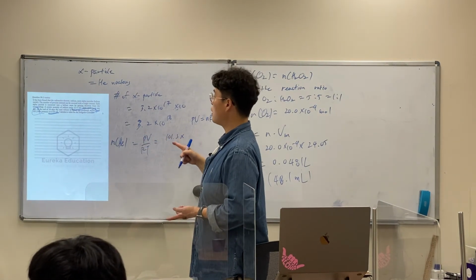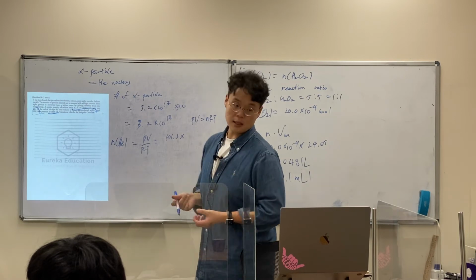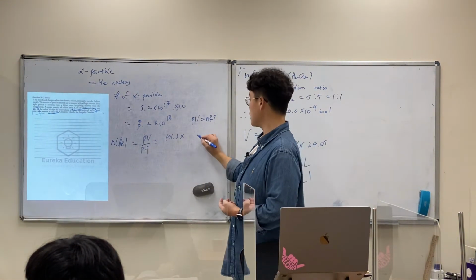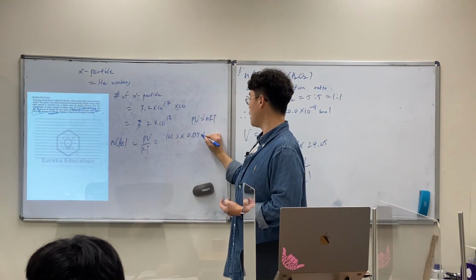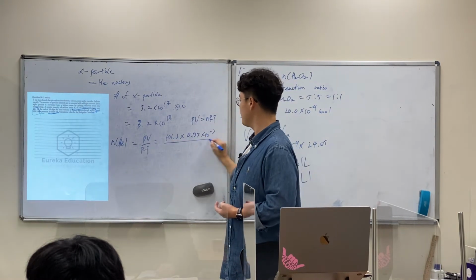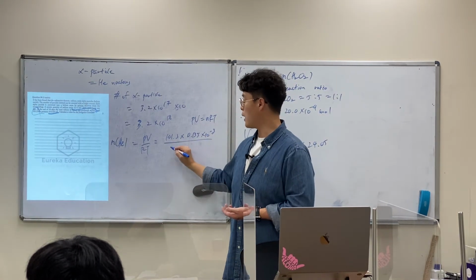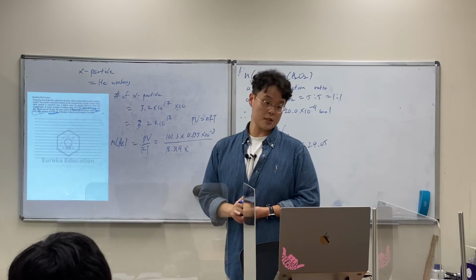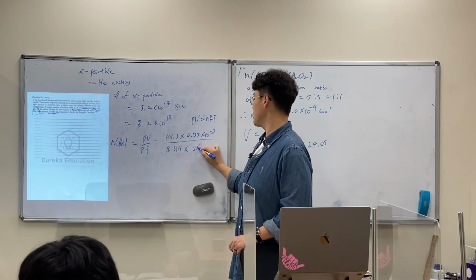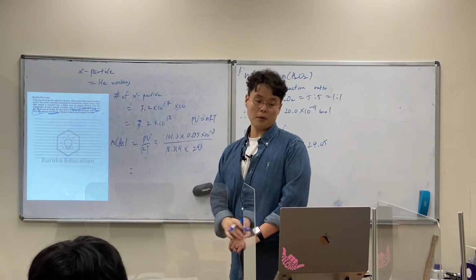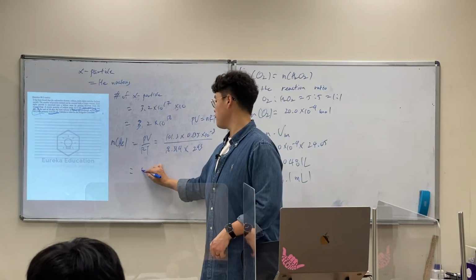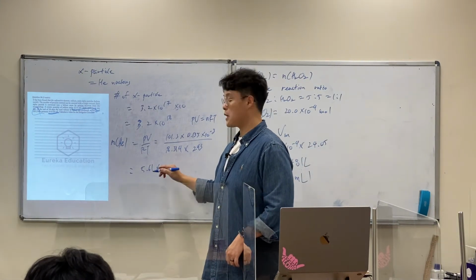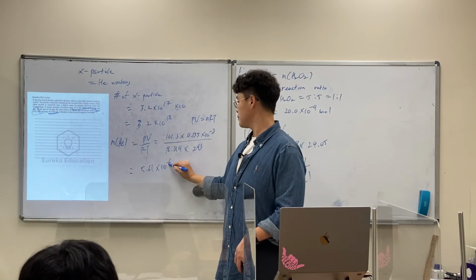Volume is given as 0.135 milliliter. Convert that into liters by times 10 to the minus 3, divided by R 8.314 times the temperature, 20 degrees Celsius, that is 293. The number of moles of helium would be 5.61 times 10 to the power of minus 6 moles.